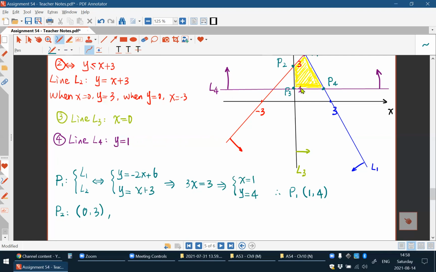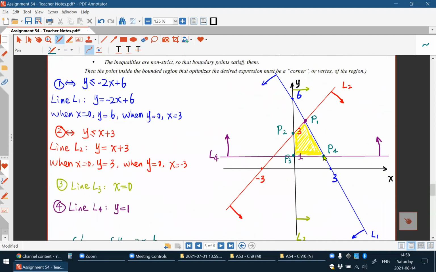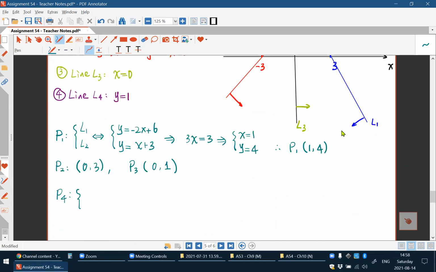Okay, similarly, P3 is also very easy to find. It's just the y-intercept of L4, which is (0, 1). Yes. Okay, so how about P4? P4 is here, right? P4 is the intersection point between L1 and L4, which is y equals minus 2x plus 6 and y equals 1.